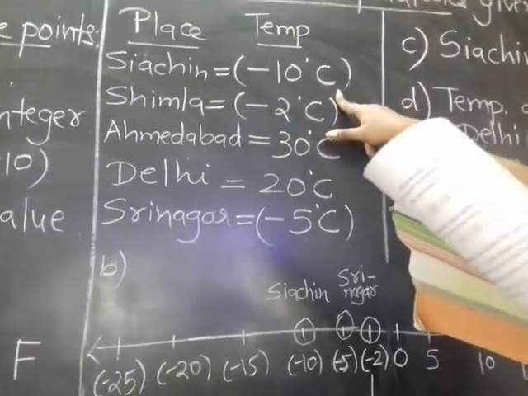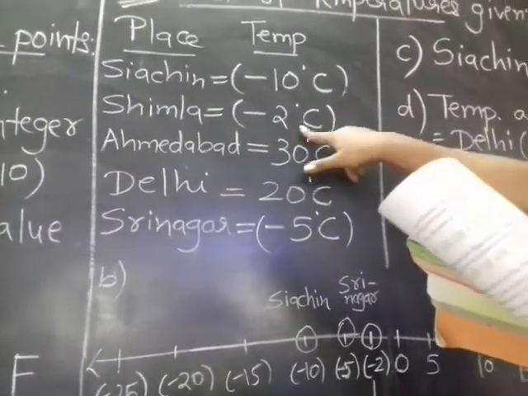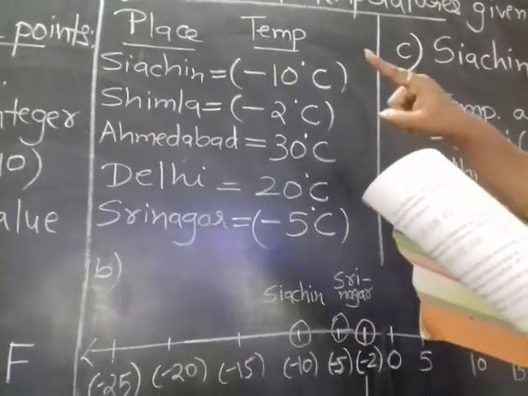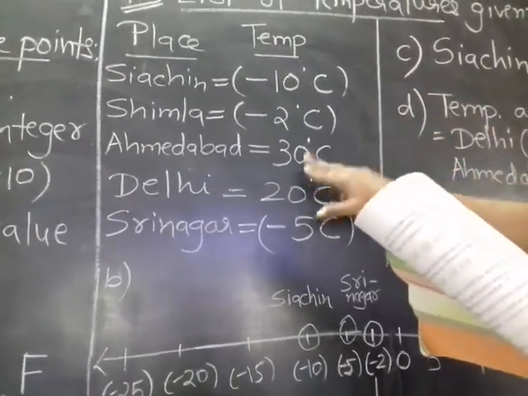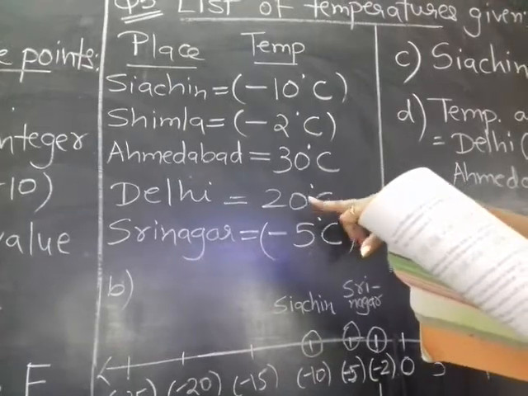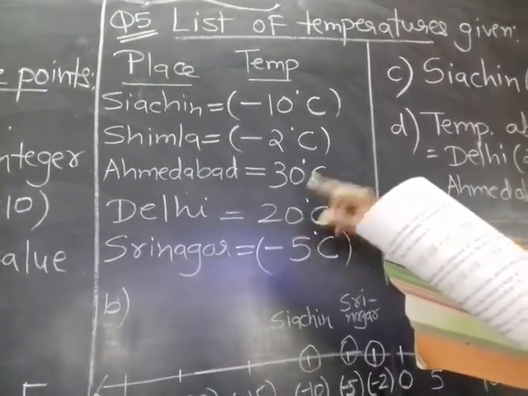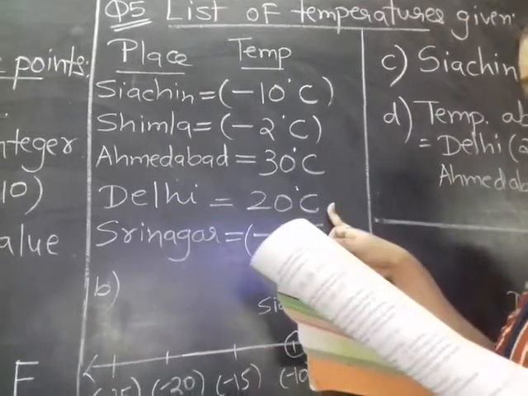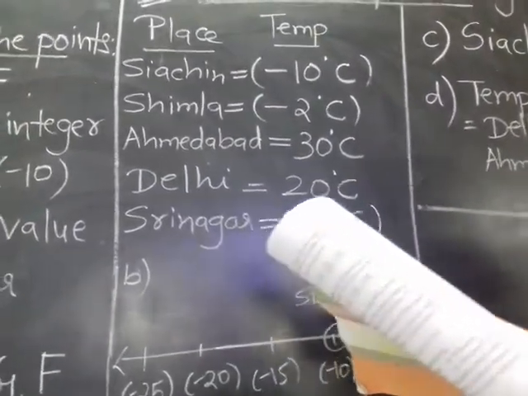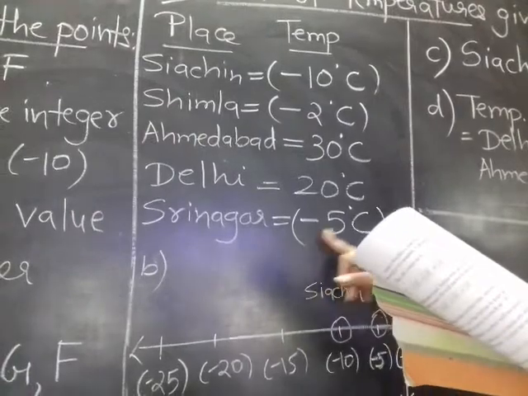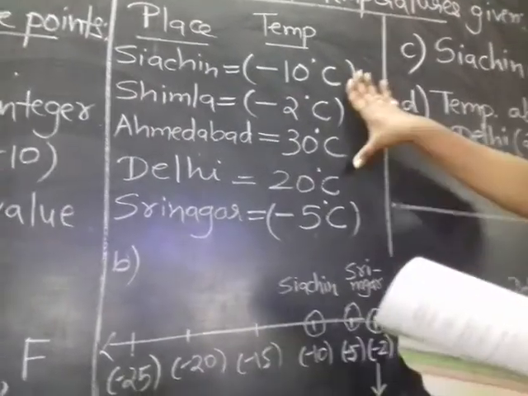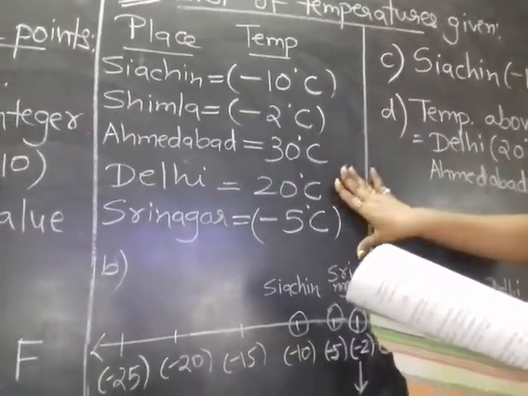Shimla is 2 degree Celsius below, so -2 degree. Ahmedabad is 30 degree Celsius above, so +30. Delhi again 20 degree Celsius above 0 degree Celsius, so +20, and Srinagar is 5 degree Celsius below 0 degree, so -5 degree Celsius. This is the answer of question number A.